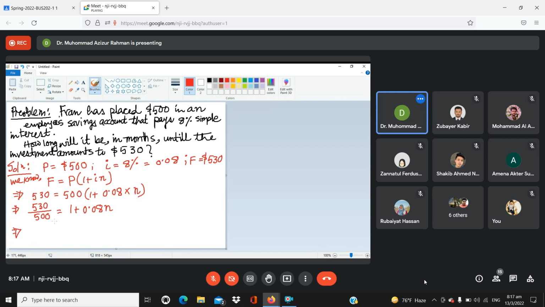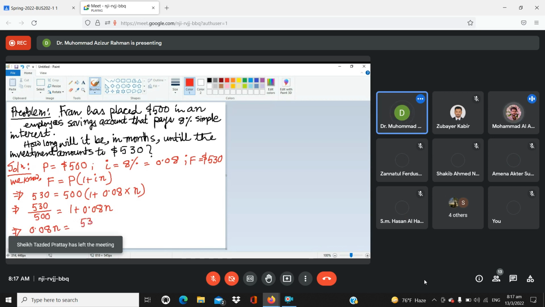That means 0.08 N equals this one minus 1. 1.06 minus 1, so this one is 0.06.